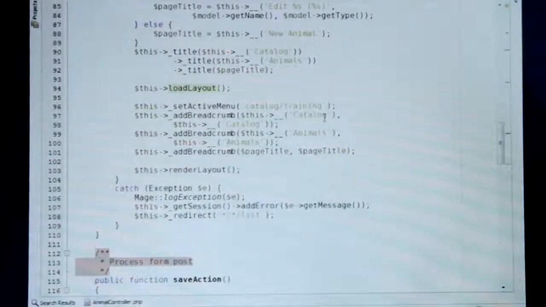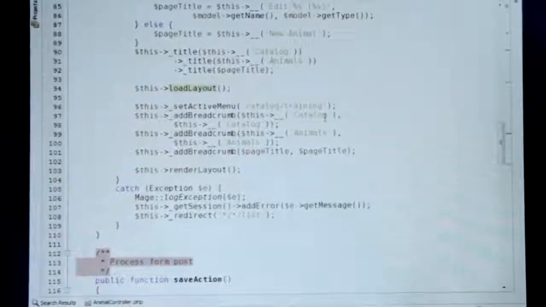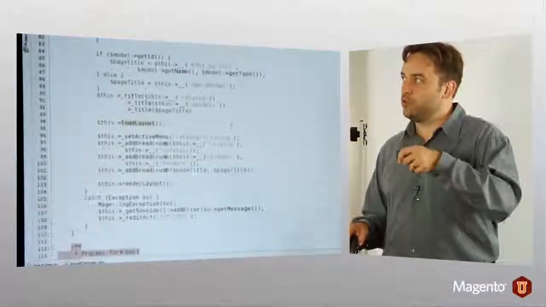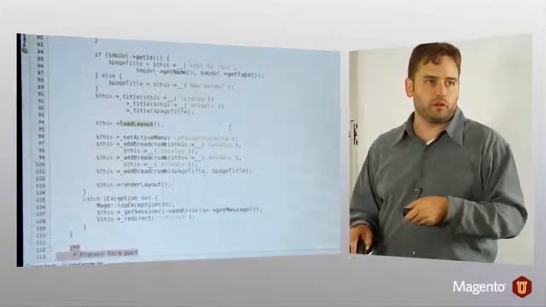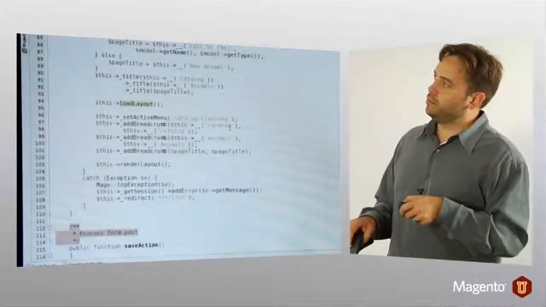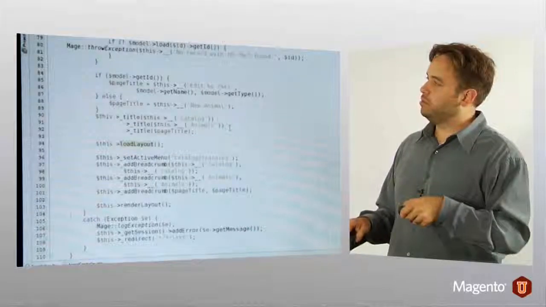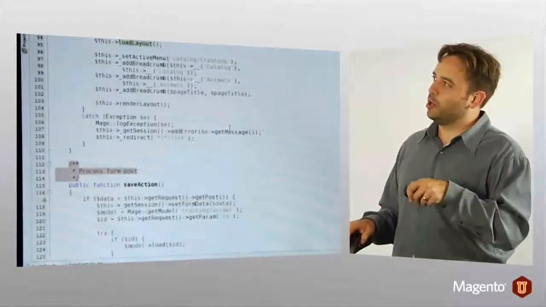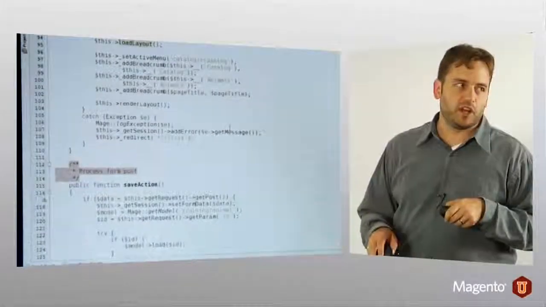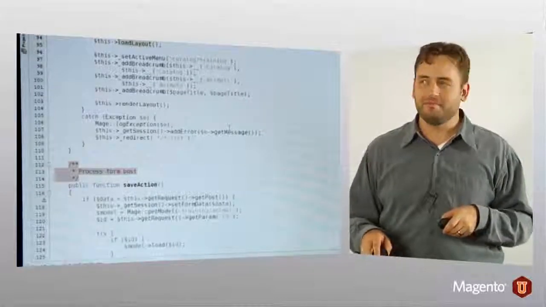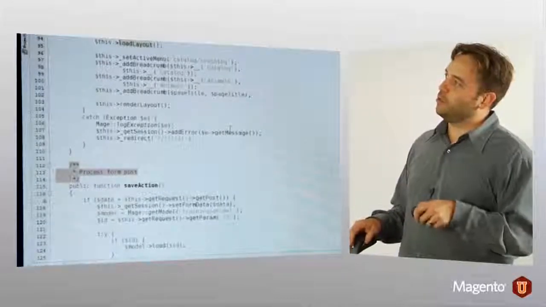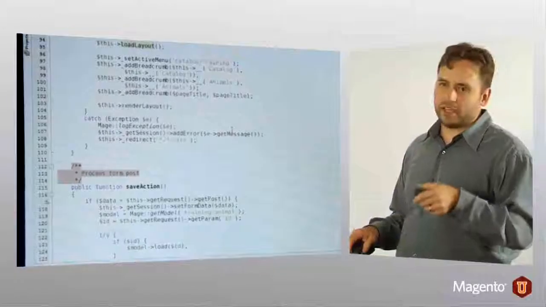And here we're changing the page title, or adding to that HTML title. Catalog animals and either new animal or edit zebra, or edit Ben the zebra. And here we're setting breadcrumbs, again, just because we're scared that one day Magento will implement them. Of course, set the active menu, catalog training.